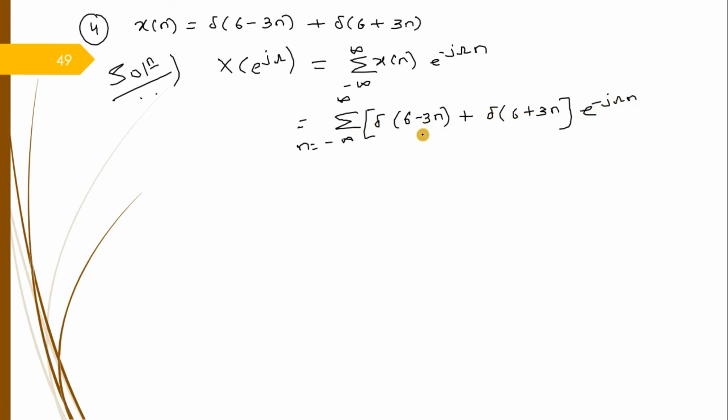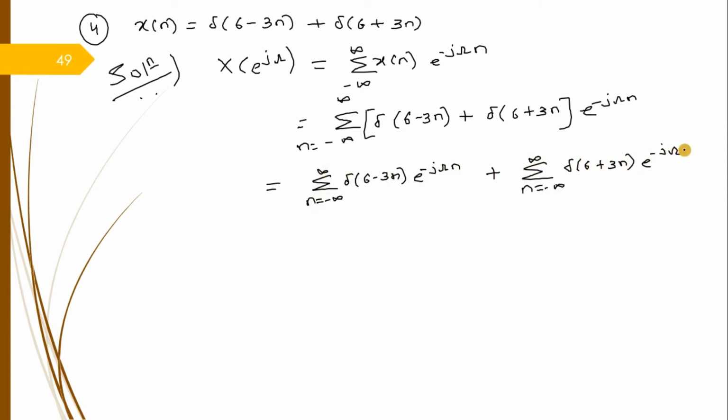Here, what you have to analyze is, separately take summation n equals minus infinity to plus infinity of delta of 6 minus 3n e raised to minus j omega n, plus again summation n equals minus infinity to infinity of delta of 6 plus 3n e raised to minus j omega n.